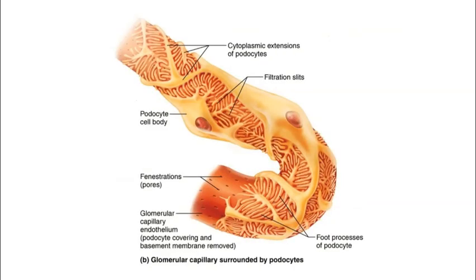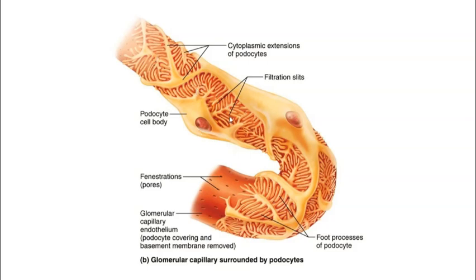If we take a look at just one of those glomerular capillaries by itself, we see that the podocytes, the foot cells, surround the glomerular capillaries and extend these little foot processes out between.